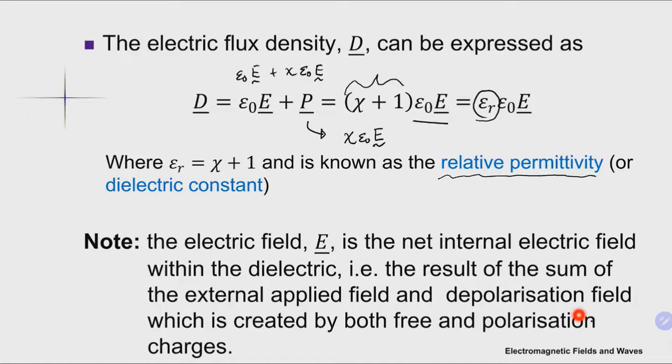I think you have come across this when you studied capacitors. I don't know whether you studied capacitors before. If you have a material sandwiched in a parallel plate capacitor, different materials will have a different epsilon r.